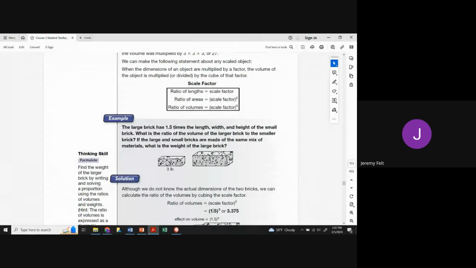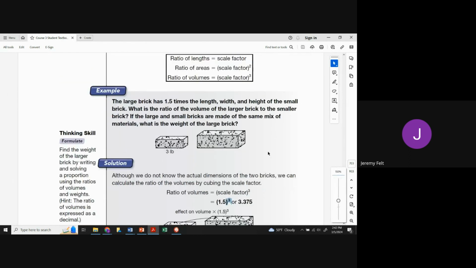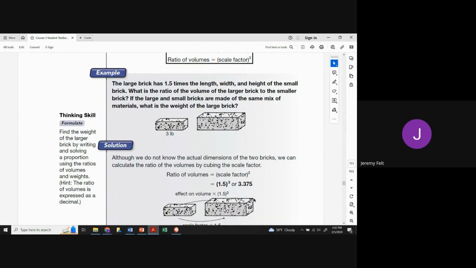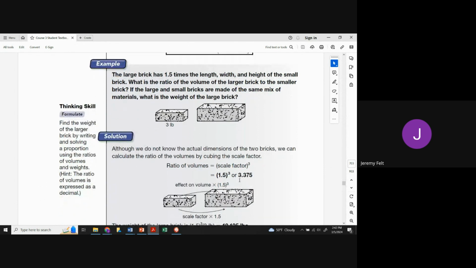So our scale factor is 1.5, and we're looking at volume, so we're going to do scale factor cubed, or to the power of 3. So we do 1.5 times 1.5 times 1.5, which is 3.375. So that's the effect on volume. The larger one is 3.375 times bigger than the smaller one.